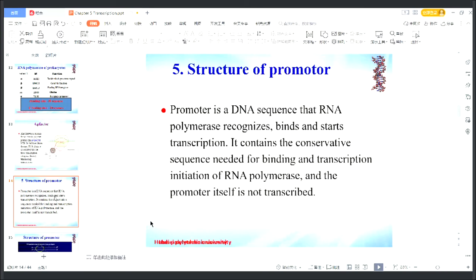It contains several conserved sequences, which are essential for binding and initiating the transcription. And this is the sentence that you should remember: the promoter sequence is never transcribed.